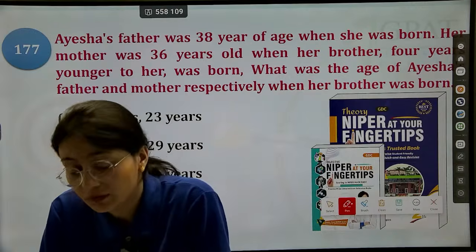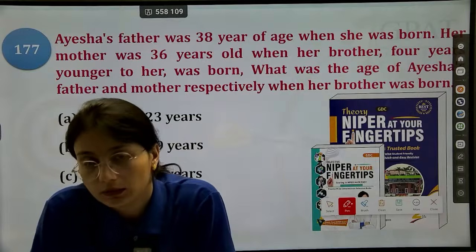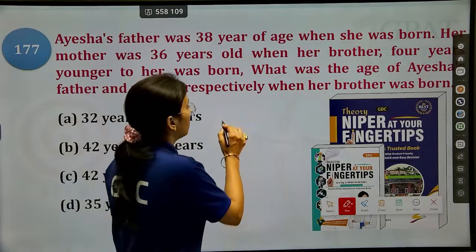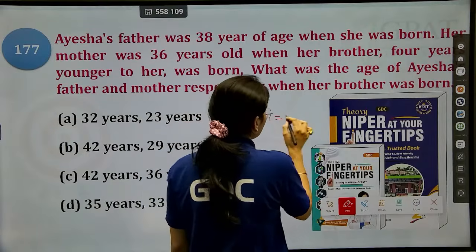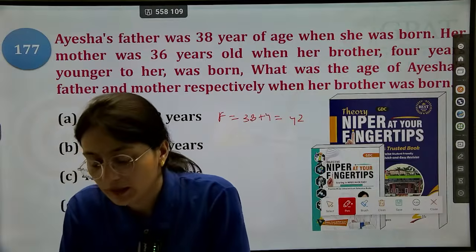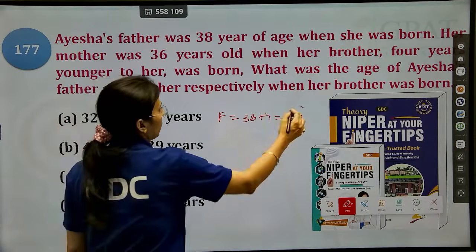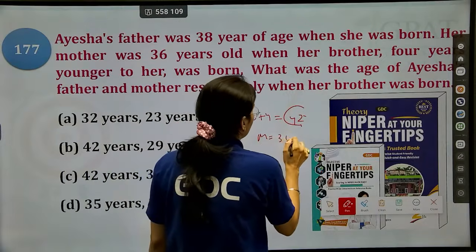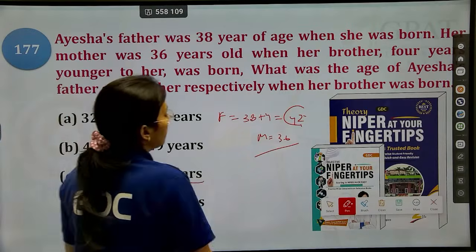Father's age when Aisha was born is 38. When brother was born, that is 38 plus 4, that is 42 years. Now mother's age when brother was born is 36. So age is 36 and 42. That is option number C is correct.